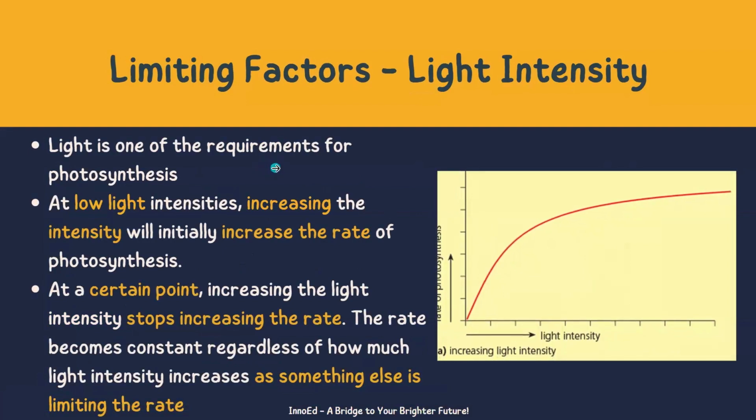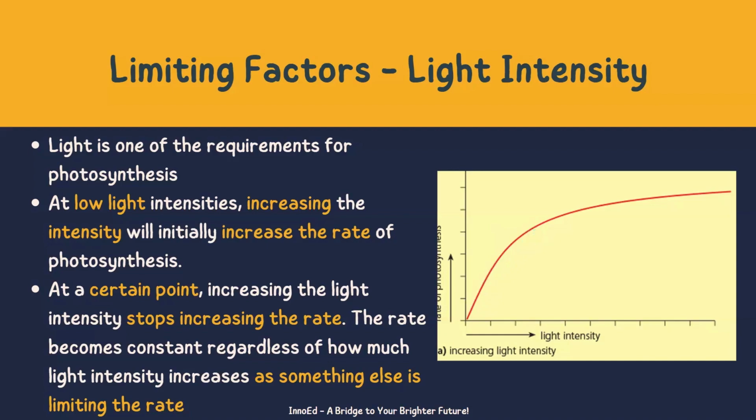Light intensity. Light is one of the requirements for photosynthesis. So we can assume that when there is more light, there will be more photosynthesis. It is partially true. But it can only increase the rate of photosynthesis until a certain point.